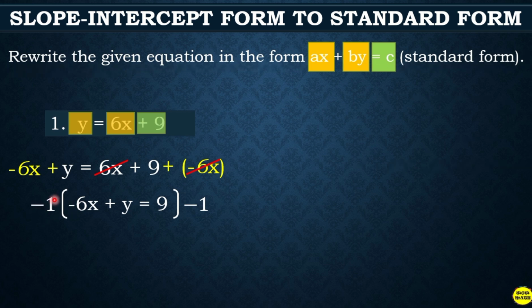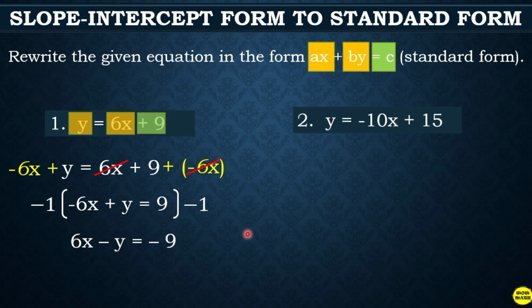So, negative 1 times negative 6, that will become 6x. And then negative 1 times y, that is negative y. And then 9 times negative 1, that is negative 9. Or simply, kapag nagmumultiply tayo dito ng negative 1, just change all the signs of your terms. So, magiging positive lang to, magiging negative, magiging negative.